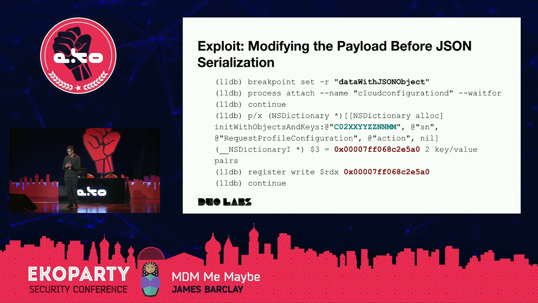As you'll see in this listing, we set the breakpoint for the regex data with JSON object, wait for Cloud Configuration D to attach, continue the execution, and then we create a new NS dictionary object in memory containing the payload that gets sent to the MAC profile endpoint. So an arbitrary serial number, and then we just update the register to point to that NS dictionary.